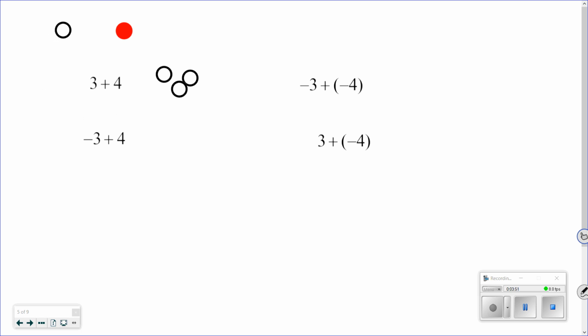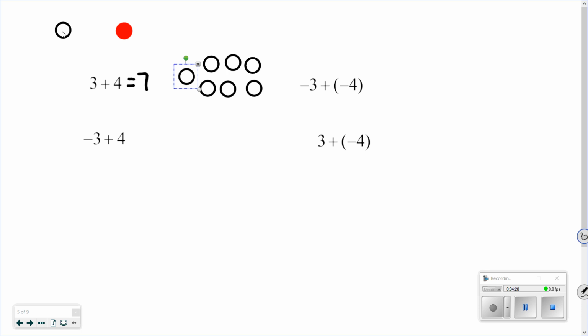So there's my 3. And then I'm simply adding to that 4 more. 1, 2, 3, 4. When you're doing addition, you're just combining all those. I've got 3 of them, I've got 4 more of them. I count it up, and altogether, I have 7.